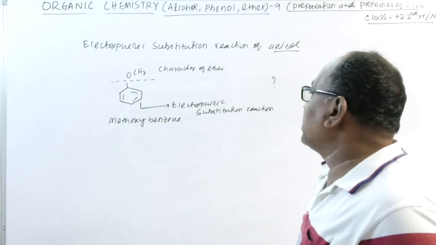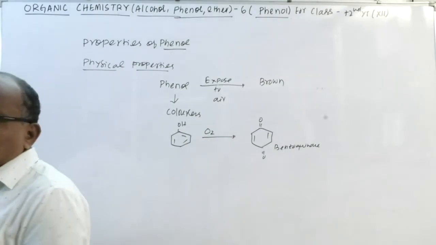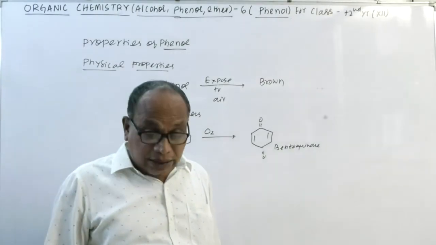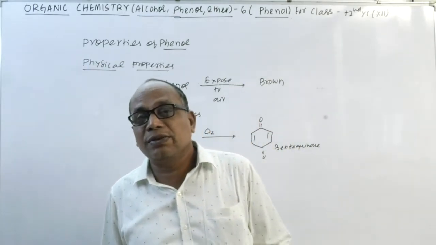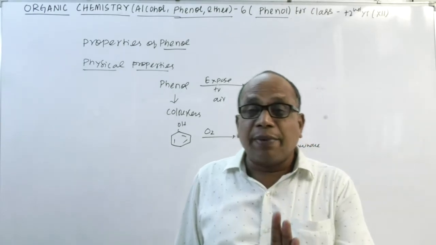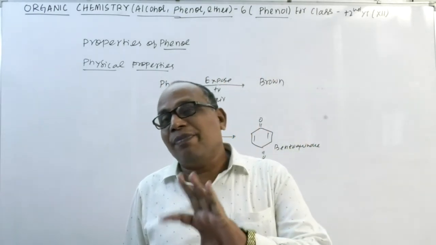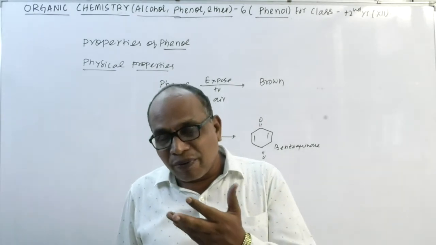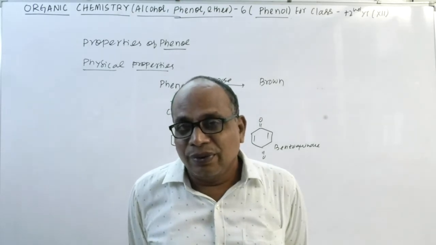The electrophile substituted either ortho of phenol, and next class students will discuss some chemical properties. In chemical properties we will discuss the acidic nature of phenol and the acidic strength, what type of phenol is more acidic and what type is less acidic than the original phenol.